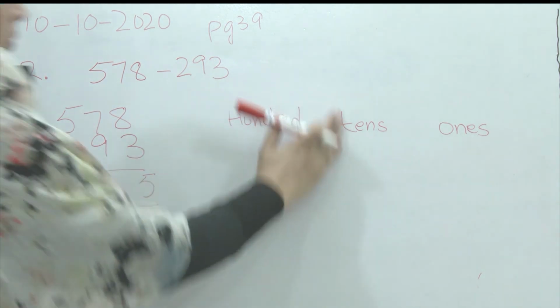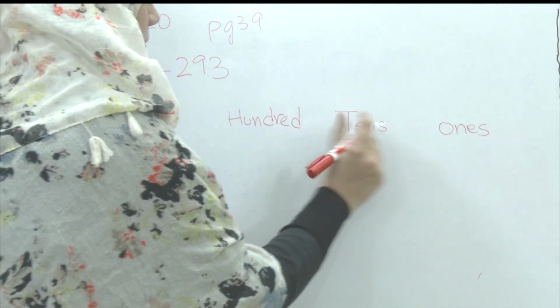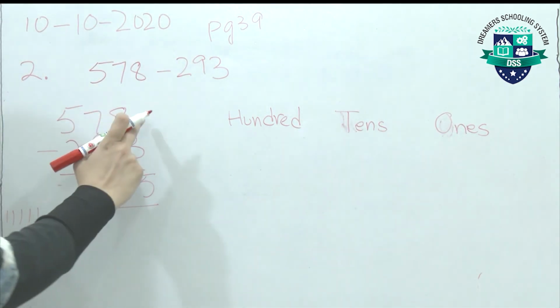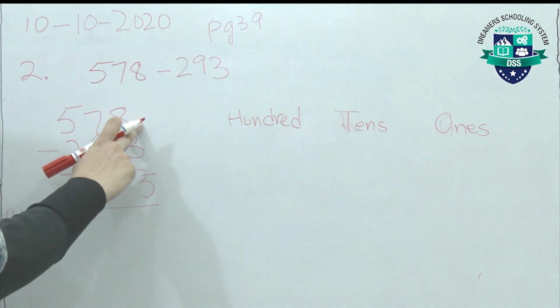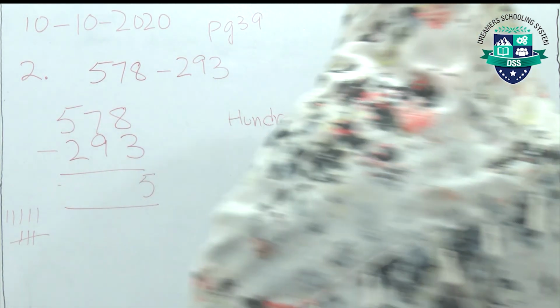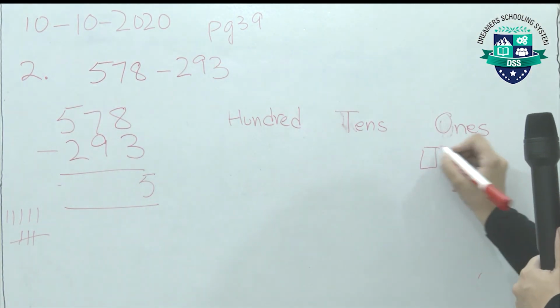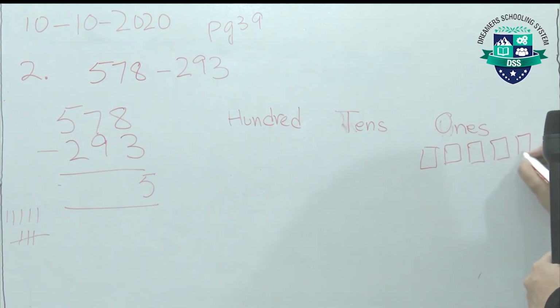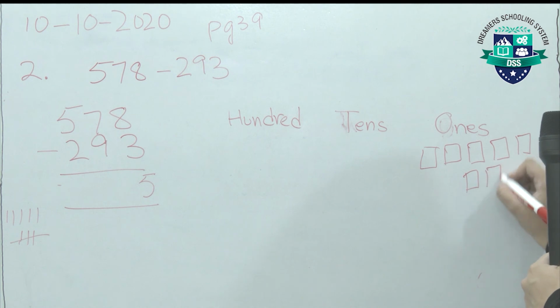I will start now. First we will draw 8, right? 1, 2, 3, 4, 5, 6, 7, and 8.